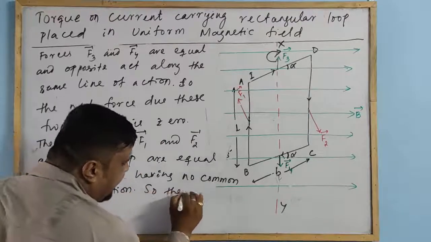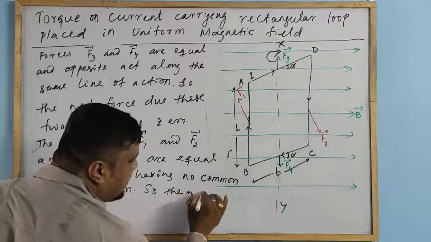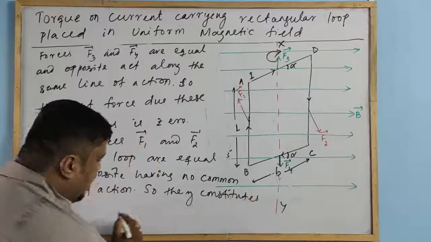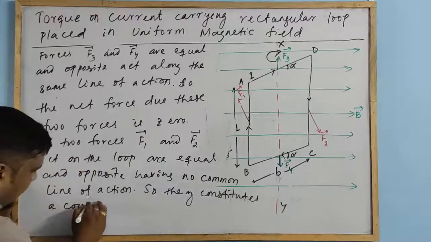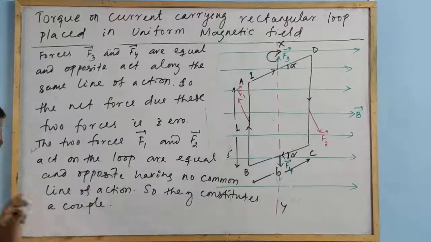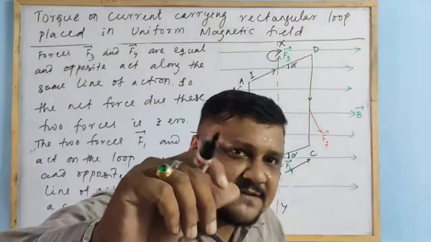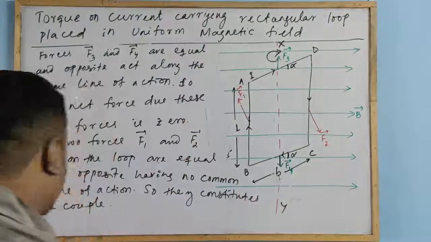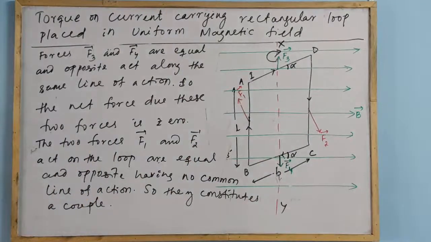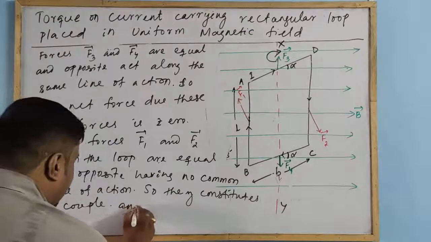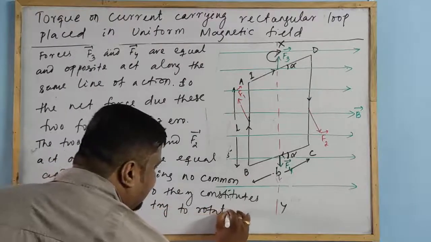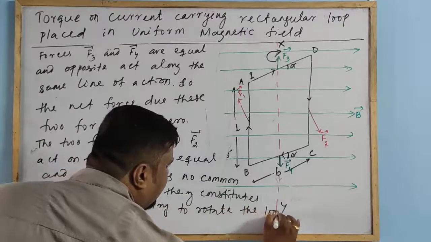So they constitute a couple, which gives torque. The torque gives rotational motion. So they constitute a couple and try to rotate the loop.